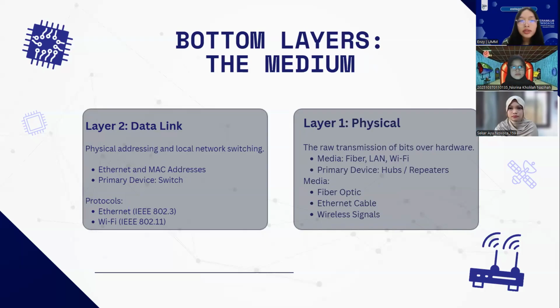And the first one is the data link layer. The data link layer is responsible for communication within a local network. It uses MAC addresses to identify devices and ensures that data frames are delivered correctly between connected devices. Network switches operate at this layer, and it commonly uses Ethernet and MAC addresses, and the primary device is the switch.